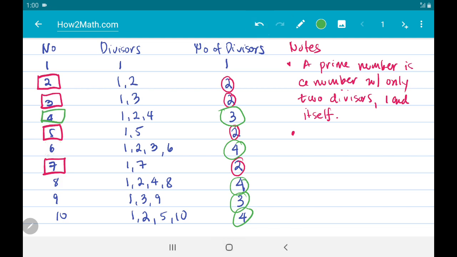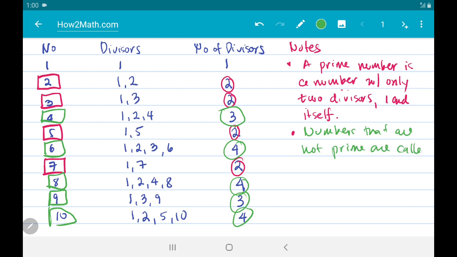Numbers that are not prime are called composite numbers.